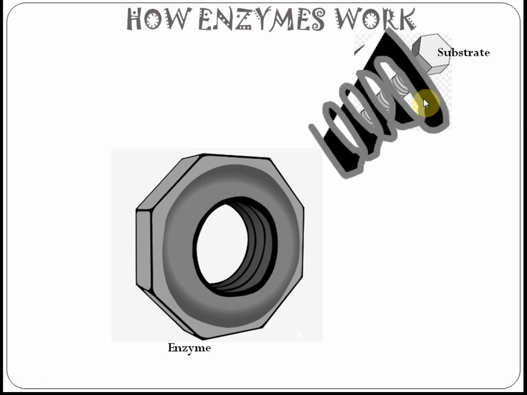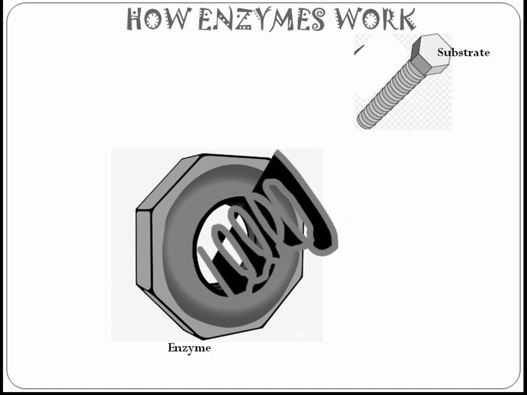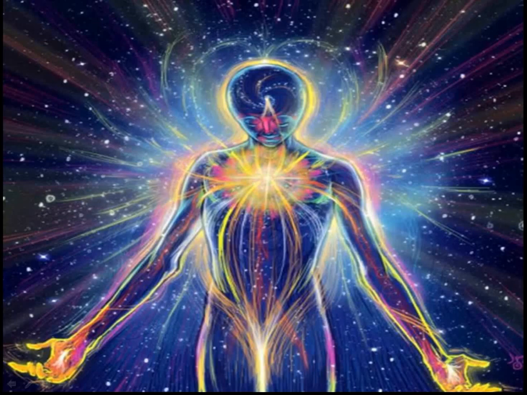Suppose this is the actual region of the substrate which has to combine with the enzyme to form its product. Now let's move toward what actually happens with the substrate.